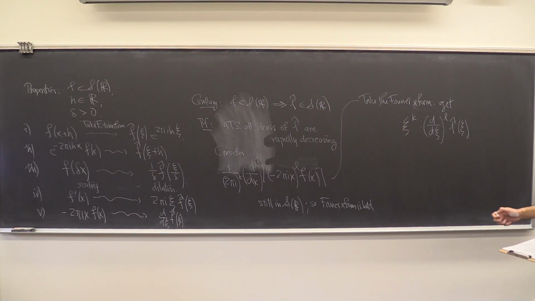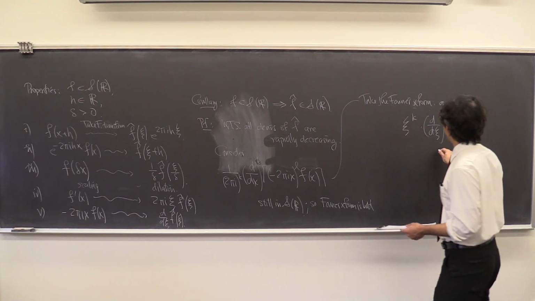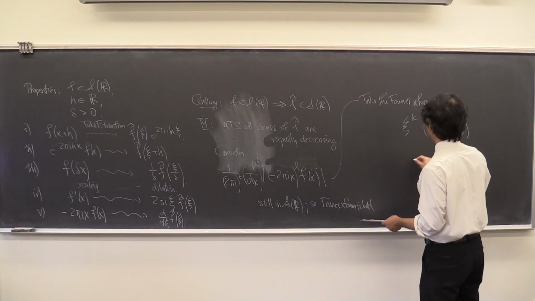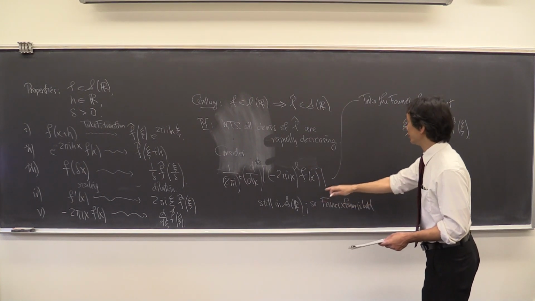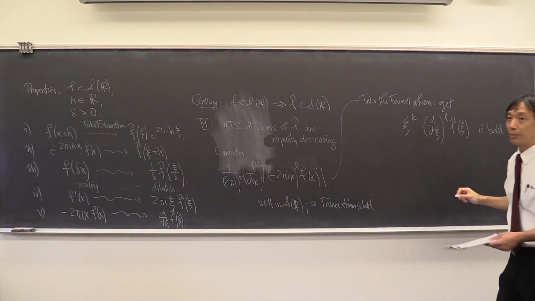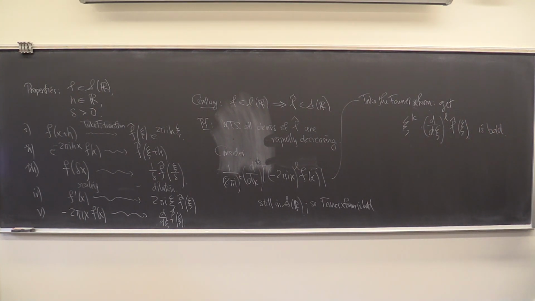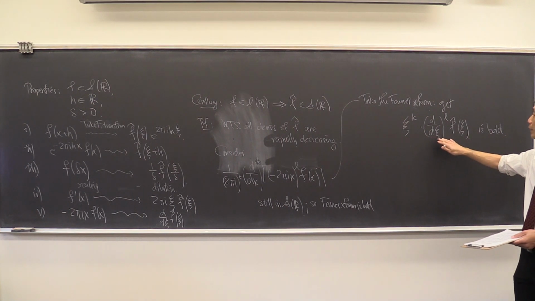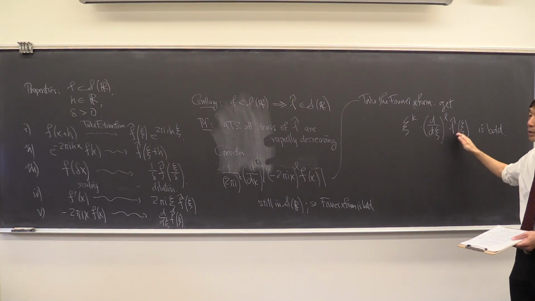Okay. So what does that tell you? That tells you that the Fourier transform of that is bounded. But that's exactly rapid decrease of the Lth derivative.